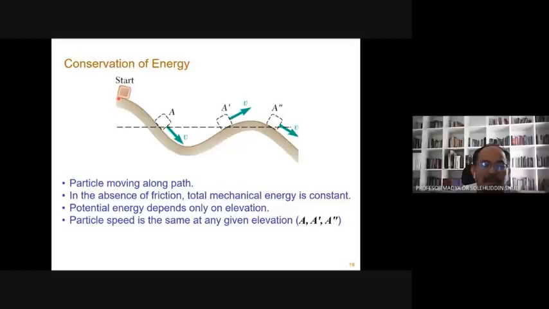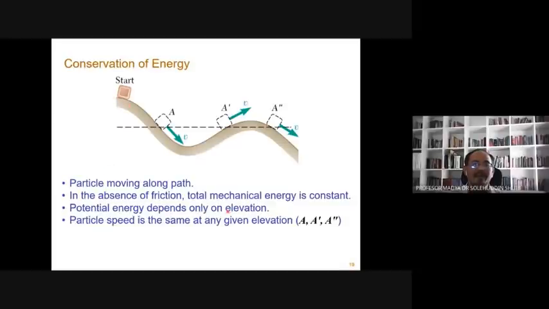The block here is going down and then going up the hill. This block has the velocity v at one location, and then this is A prime, and here is A double prime. This particle is moving along the path. We have stated here that no friction is applied to the package.